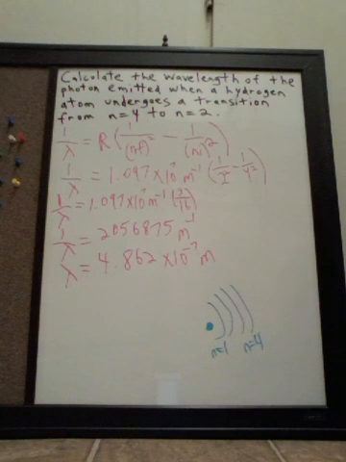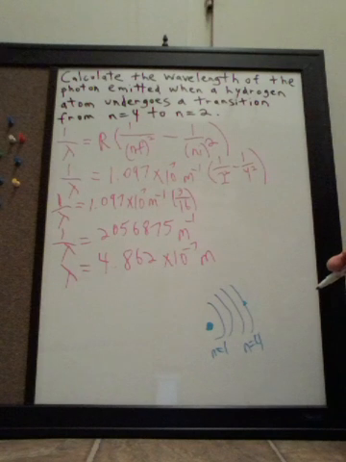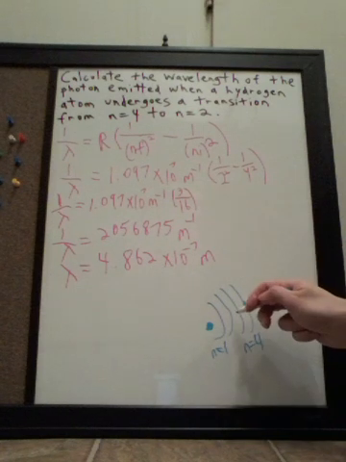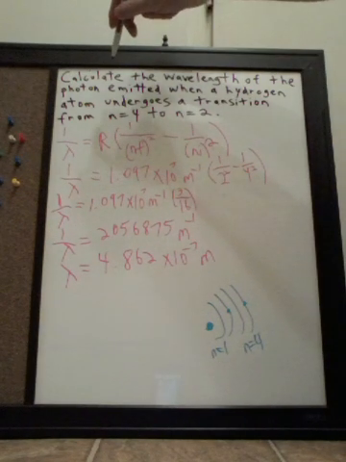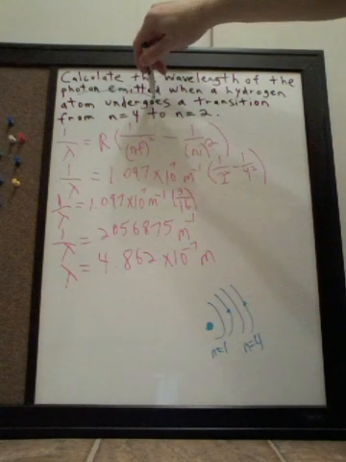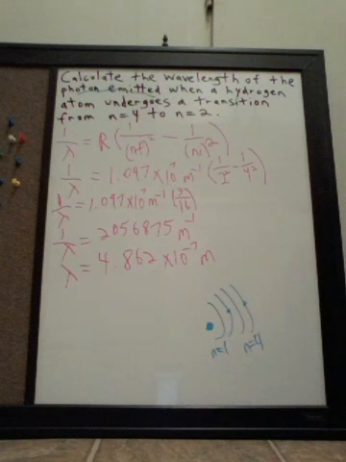In this question, it says that the electron goes from an n equals 4 energy level to an n equals 2. If we read the question, it says photon emitted, and emitted means that energy is released.